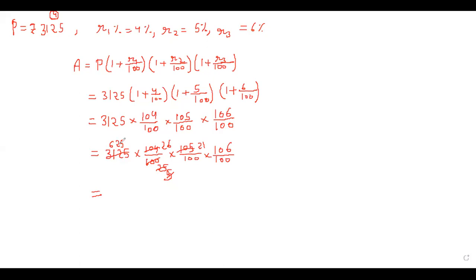So we know that 625 means 5 into 5 into 5 into 5. And multiplying 26 by 5 is very easy. When you want to multiply any number by 5, write half of it and apply 0.